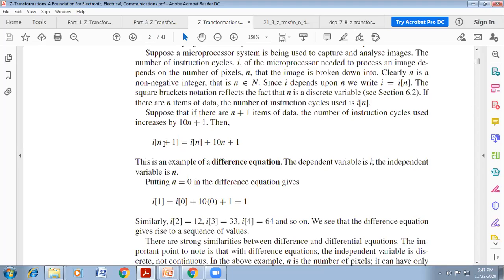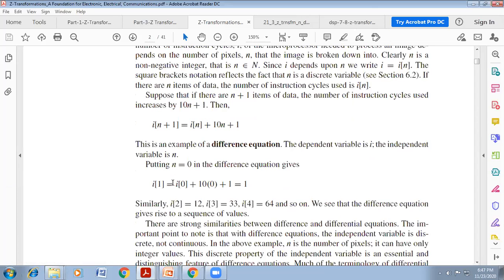Now I4: putting n equals 3, I3 was 33, and 10 into 3 is 30, so 33 plus 30 is 63, plus 1 makes 64, and so on. It looks like a sequence. We see that the difference equation gives rise to a sequence of values. Understand?